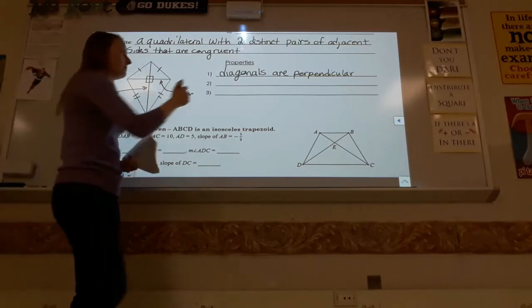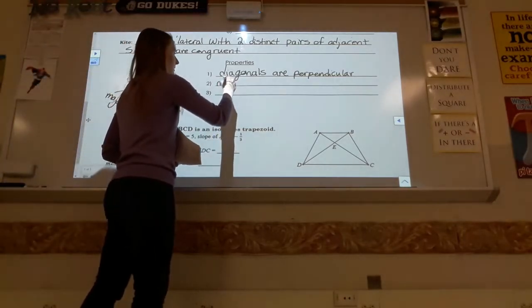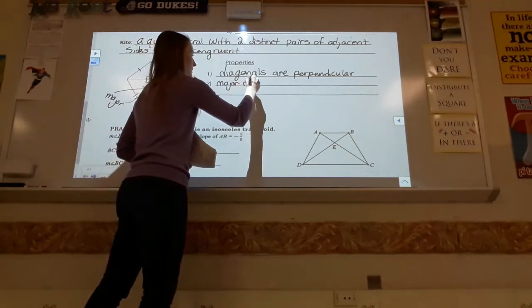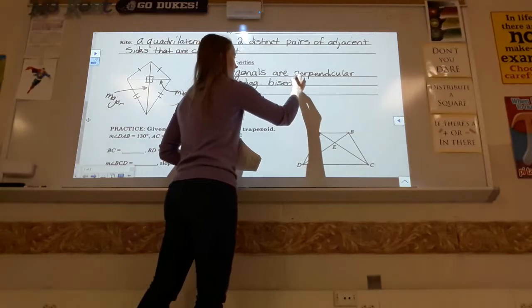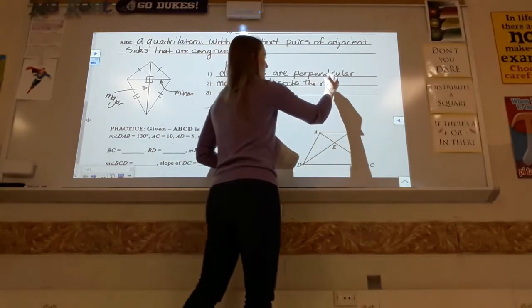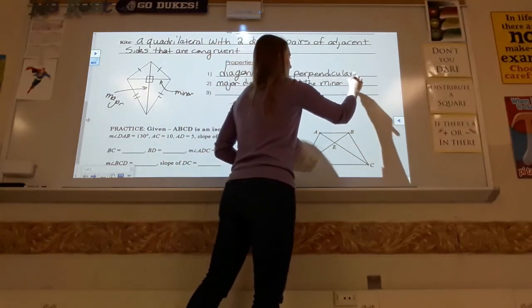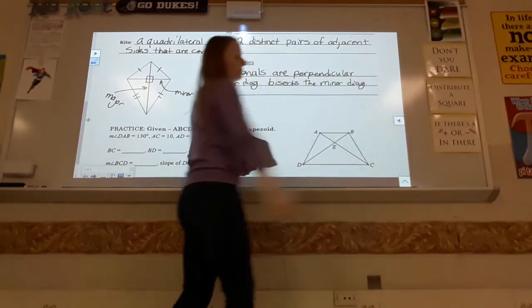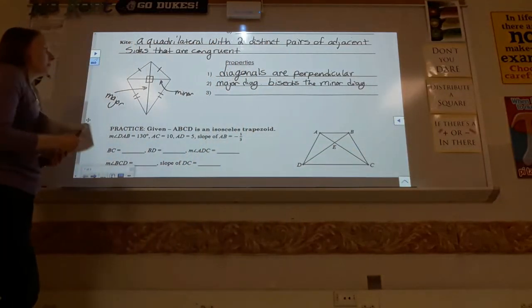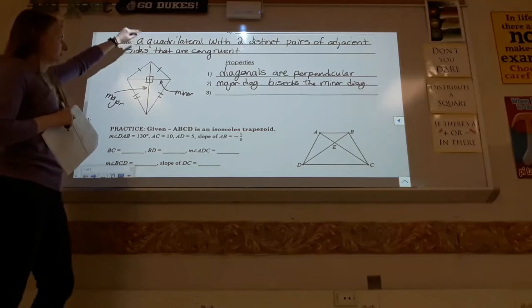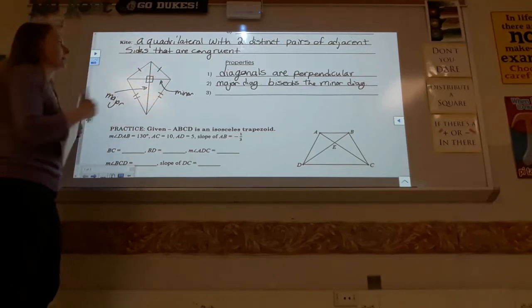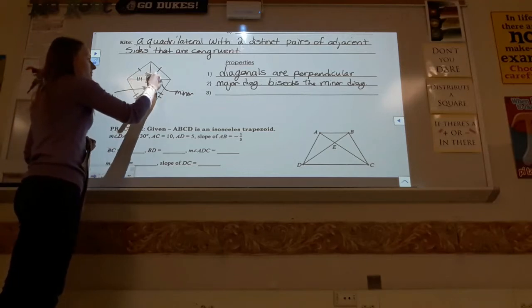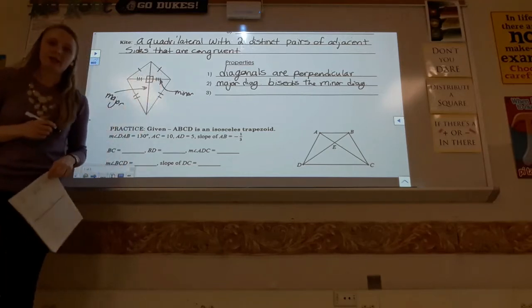So property 2, the major diagonal bisects the minor diagonal. And I'm abbreviating because I don't have a lot of room right there. So what this is saying is that this major diagonal, when it slices past or through the minor diagonal, it actually cuts it into two equal parts, that bisect idea.